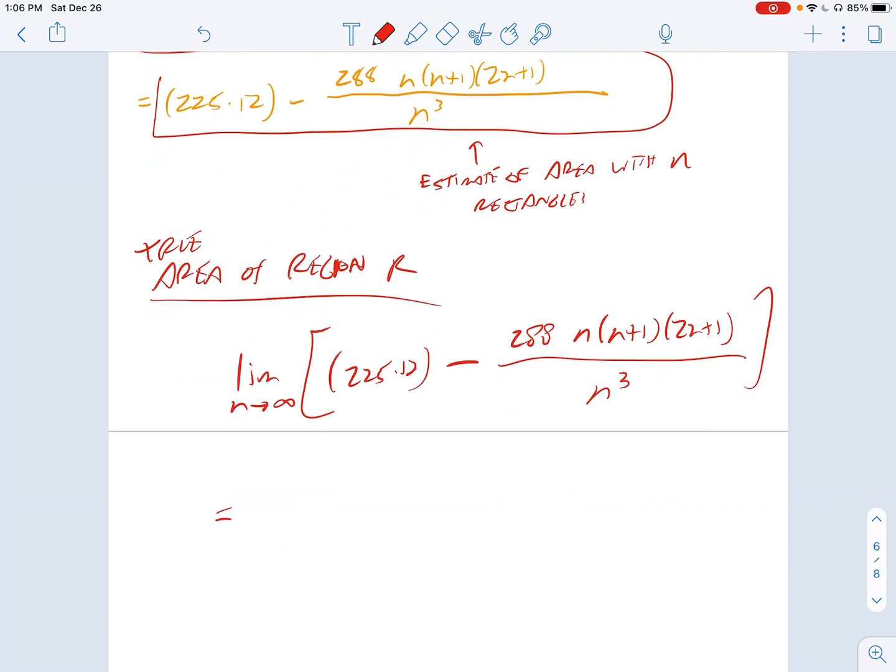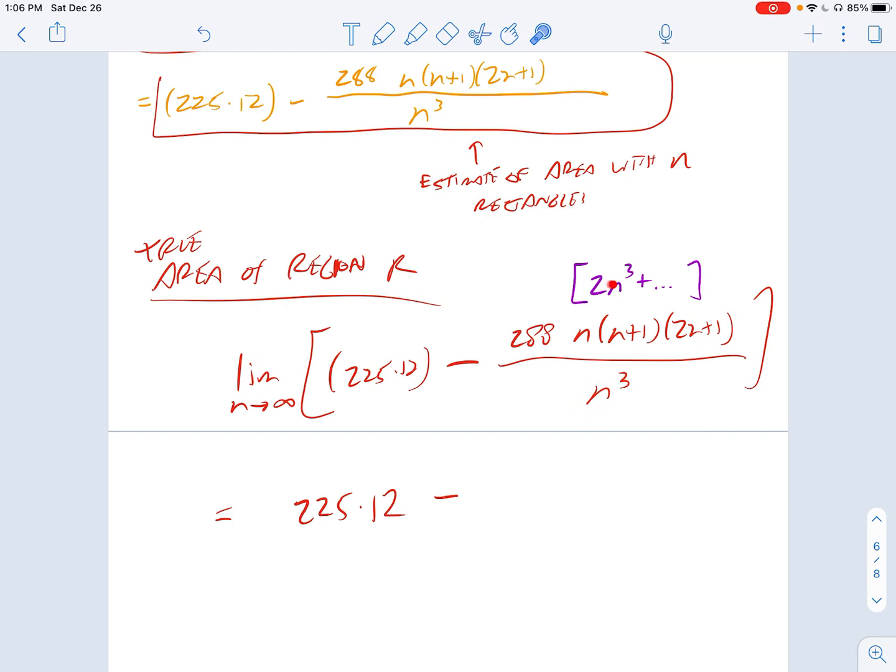Now, let's think about this. This is just a constant, so in the limit, it's whatever constant it is. Over here, we'll notice if I multiplied this part out, treating n as our variable, it would be a polynomial that begins with 2n cubed. And down here we have n cubed.